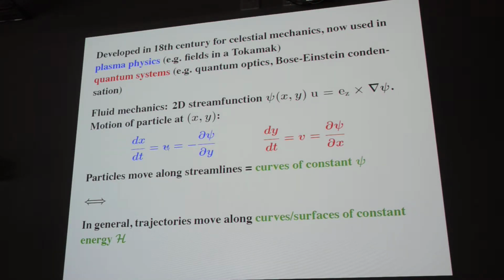And now if you keep in mind that u is dx/dt and v is dy/dt, you see that psi is a Hamiltonian for particle motion. Particles move along streamlines that are the curves of constant psi, and similarly in Hamiltonian mechanics, we draw the curves of constant H. Those are called curves of constant energy, and particles move along those curves.